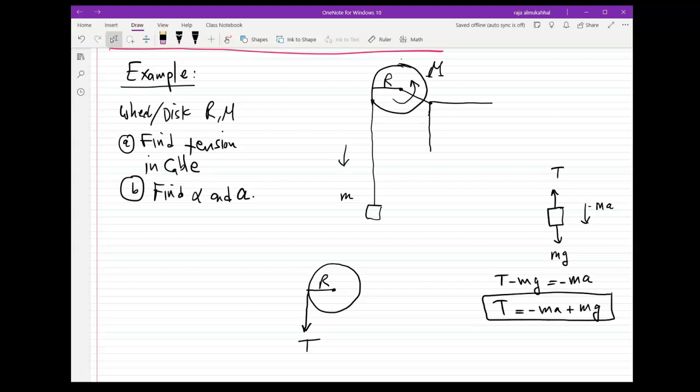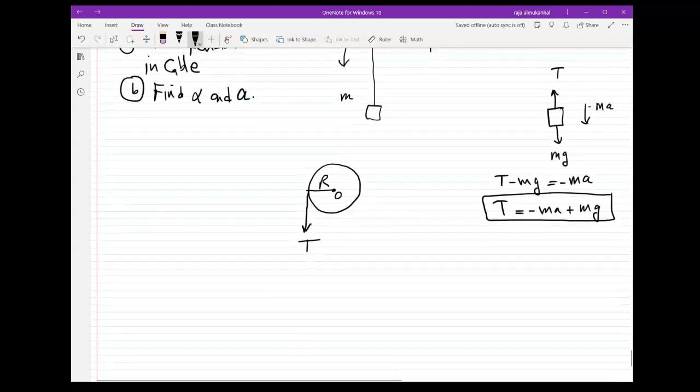What I'm going to do now is take the torque about O. Here's O right here. Now pay attention to how I do it. Remember, torque tau is r F. Well, we have R, the big R right here, and this is F right here, the tension. Both perpendicular, so I don't need to deal with angles here.